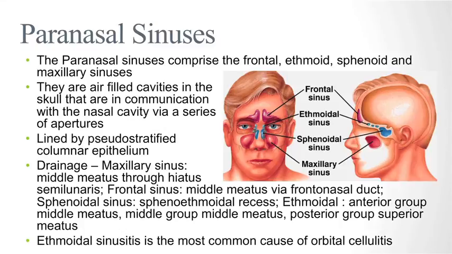Ethmoidal: anterior group, middle meatus; middle group, middle meatus; posterior group, superior meatus. Ethmoidal sinusitis is the most common cause of orbital cellulitis.